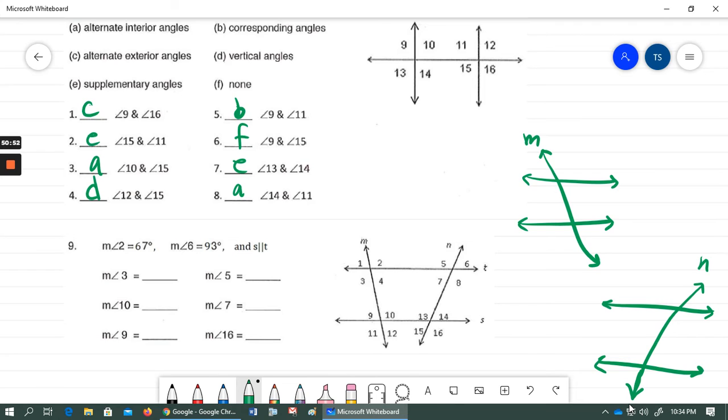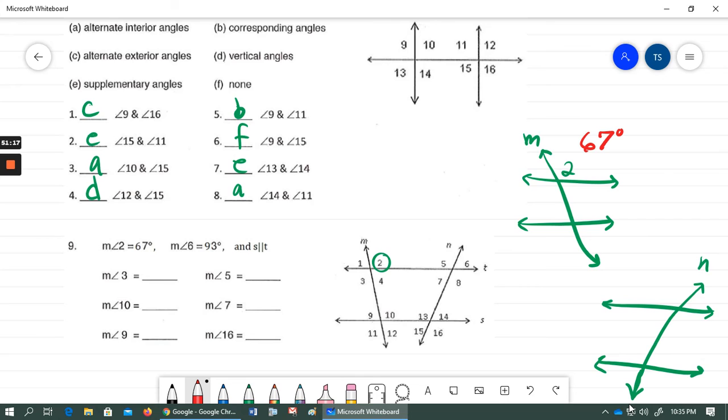They give us angle 2, which is with transversal line M. Angle 2 has a measurement of 67 degrees. So the measurement of angle 2 equals 67 degrees.